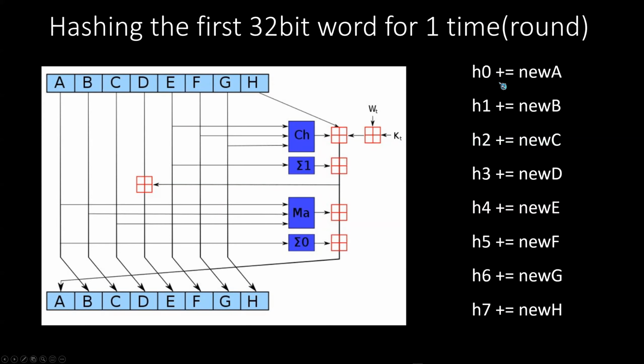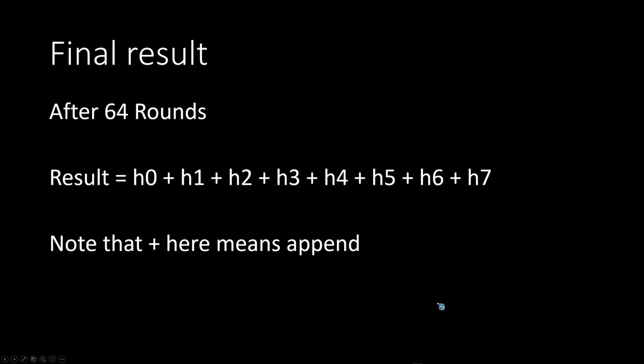So H0 equals H0 plus new A, which is just plus equals, and the rest is the same. So the final result will be H0 plus H1 plus H2 plus H3 through to H7.